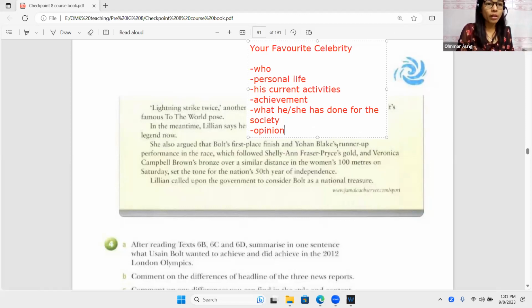About 4 or 5 parts. Overall, for all the titles, at least 300 words you need to write. 300 words means for all. So for each part, around 50, 60, at most 100. So it's not a lot. Don't copy the sentences directly from the internet.